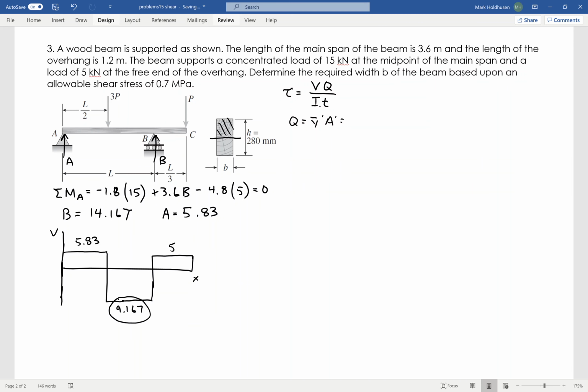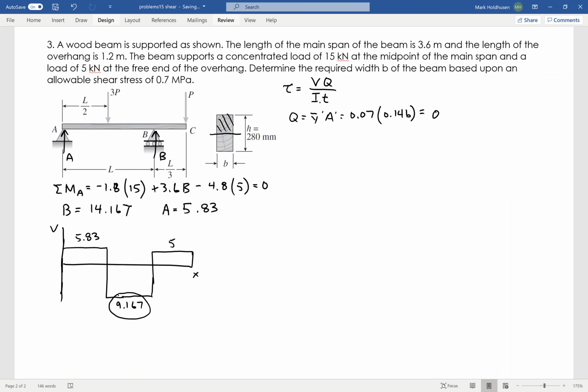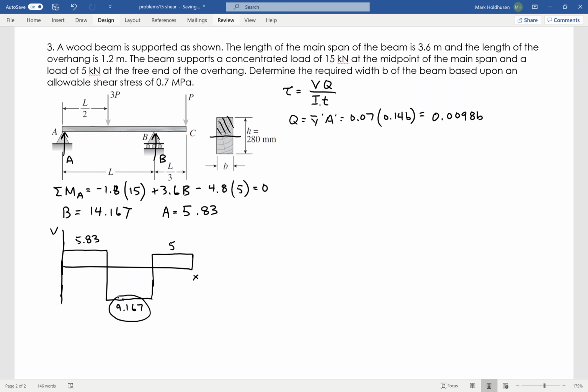Because it's half of half, so half of 140, which would be 70. Okay, that area is then going to be 140 times B, so 0.14 times B, which gives me a Q equal to 0.0098 times B.